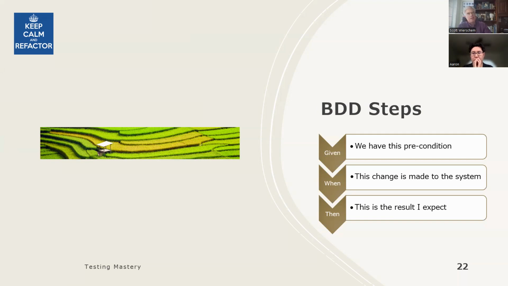But it's a different focus and a different set of assumptions, which helps you to write better unit tests. There's a tool called Cucumber that helps you to create a behavior driven design system, and it uses a language that they call Gherkin, because of course you have to be clever like that when you're talking about cucumbers.